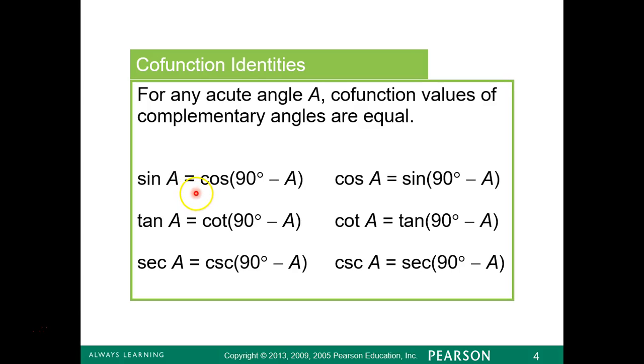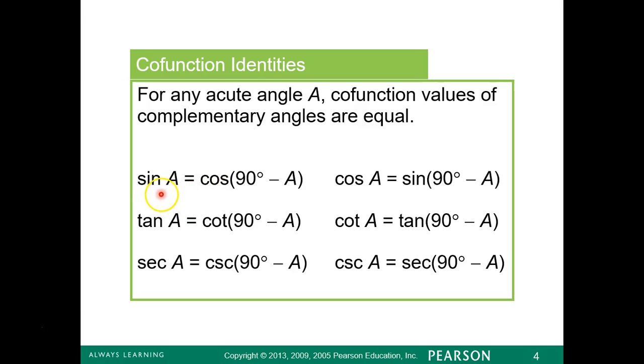Here, sine of A is equal to cosine of 90 minus A. If we add together these two angles inside of sine and cosine, we get 90 degrees. So these two angles inside of our cofunctions will add up to 90 degrees.